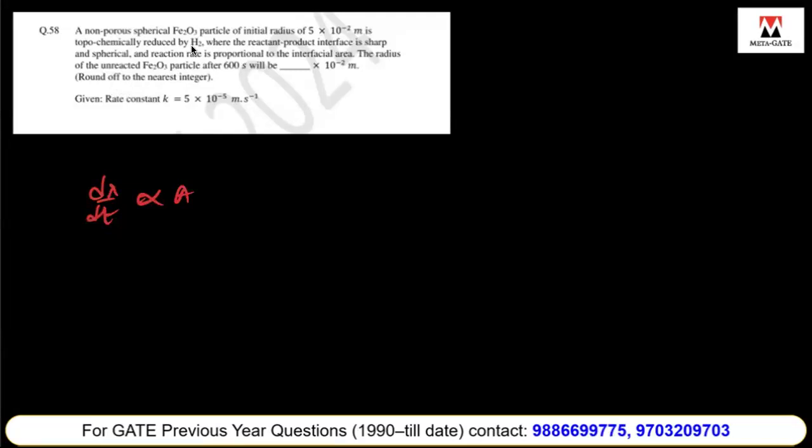So here it is given, the particle initial radius r is equal to 5 into 10 power minus 2 meters, topochemically reduced by H2, where the reactant-product interface is sharp and spherical. The reaction rate is proportional to interfacial area.